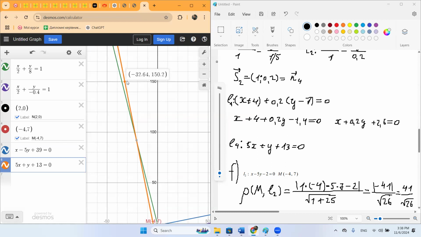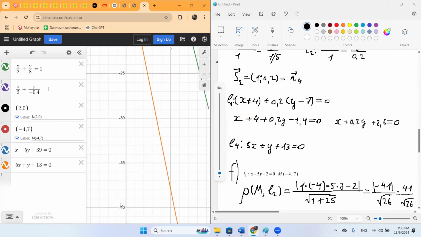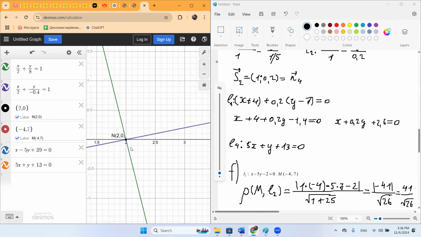L1 and L4 are intersecting and they are not parallel. But here it is not obvious that they are not perpendicular. Okay, moving next.